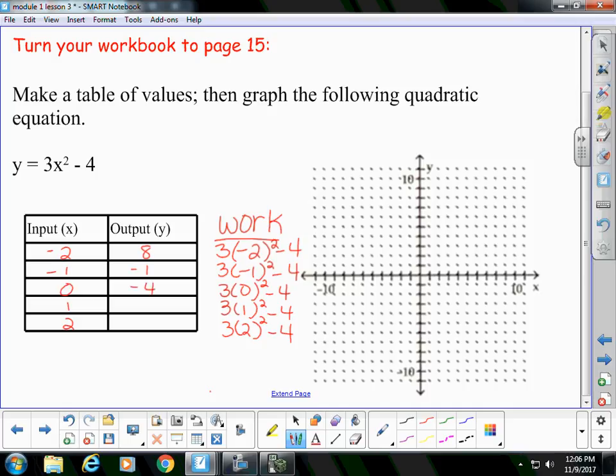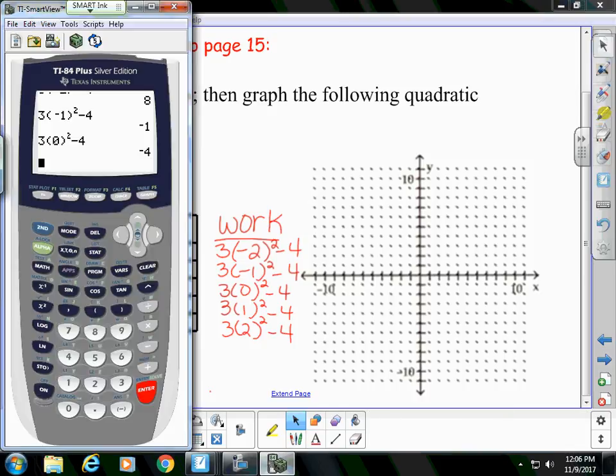And then the next 2 should actually come out to -1 and 8. Let me just prove that to you, if I did my work correctly on the first 2 anyway. So 3 times 1 squared minus 4. Now, you really shouldn't assume that that's going to happen, because this is a good way of checking your work, and it did. And 3 times 2 squared minus 4, and there's my 8.